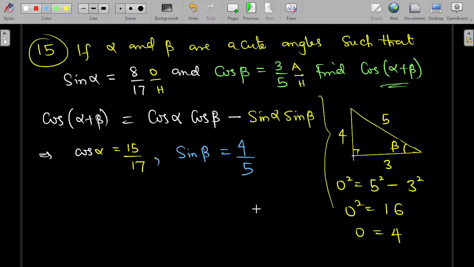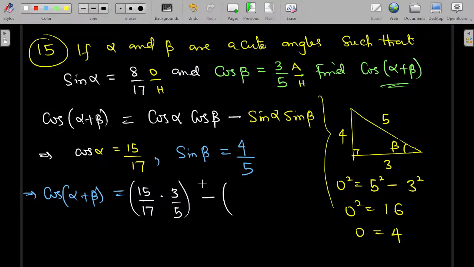So now we can substitute. That means that our cos alpha plus beta is going to be equal to, what is cos alpha? We just got it as 15 over 17 multiplied by what is cos beta? We were given that one, 3 over 5. Then minus, close this in brackets, open another bracket.